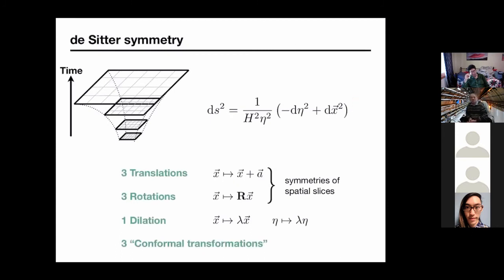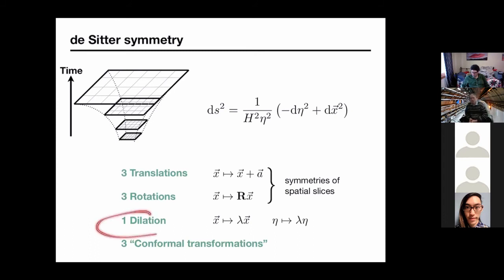So in cosmology, we always like to work in the inflationary slicing for obvious reasons. And in the inflationary slicing, the 10 symmetries of de Sitter are naturally realizable as the 3 rotations and translations of a spatial slice, which is just like an R3. And remember, in the inflationary slicing, this 3-dimensional space is getting bigger as time goes on.